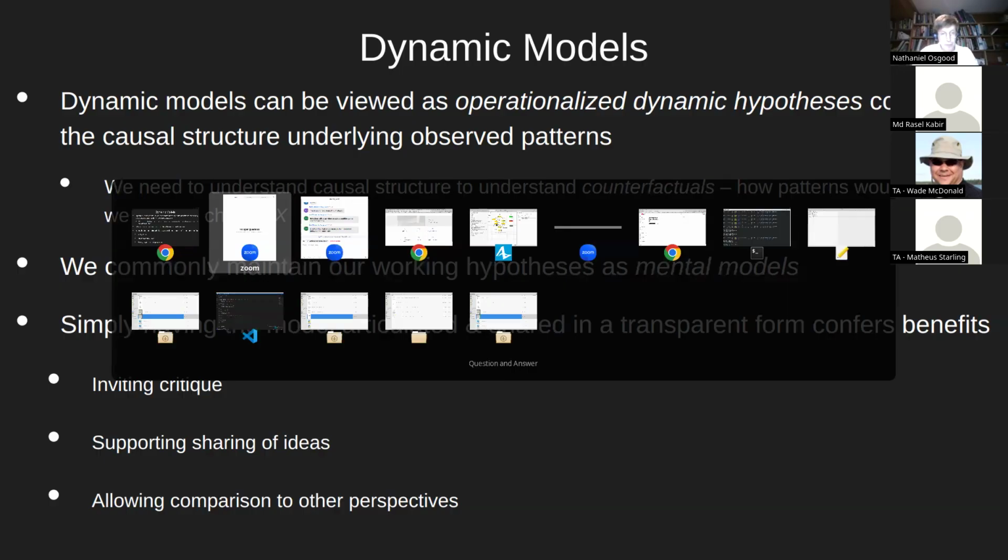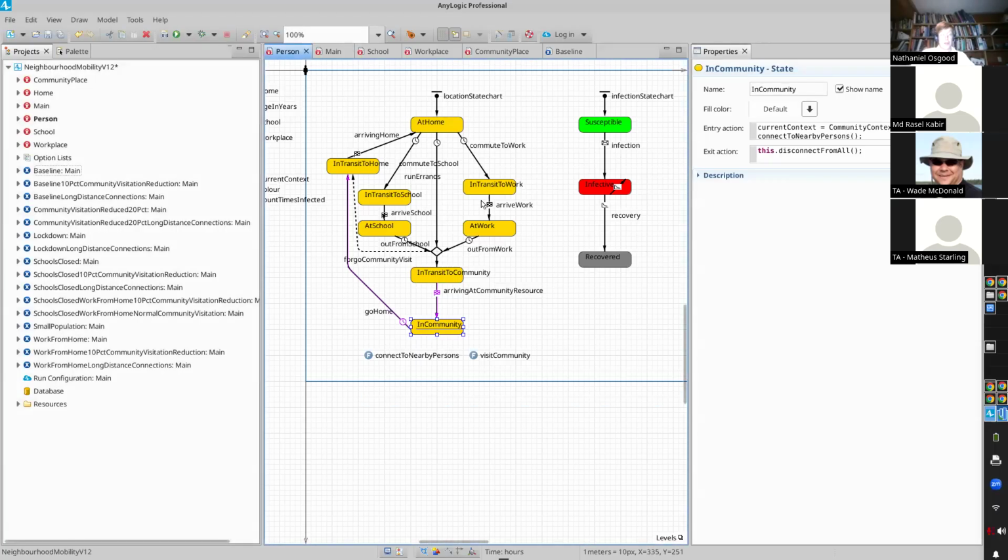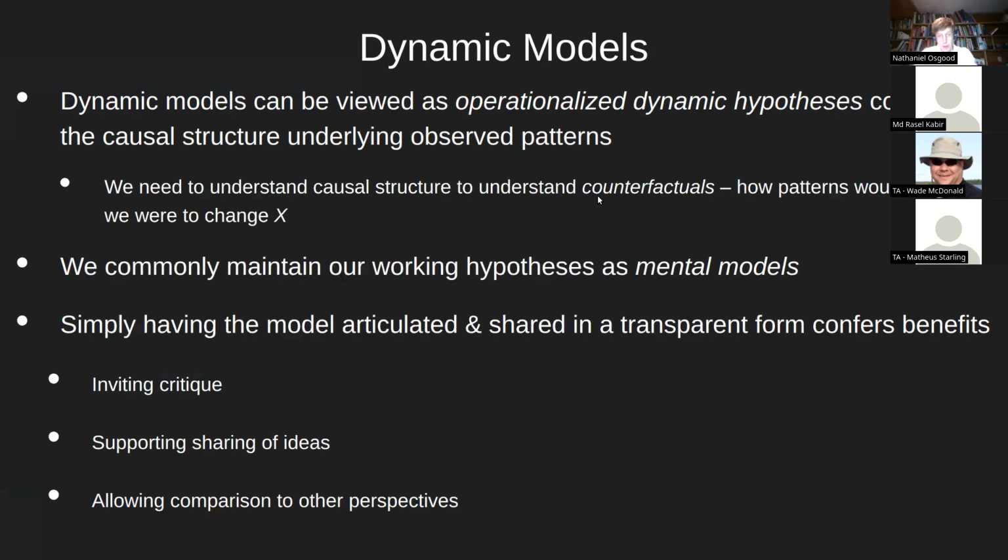Far from being explicit constructs which we can show to someone else and have them challenge us, to have them tell us, no, you need a long latent period, or you need to represent waning of immunity, or you need both asymptomatic and symptomatic infectives, or you need to capture that for some people they will not engage in recovery except through treatment. All those are really useful, and we can improve a model based on those. By showing it to them, we can get that feedback. If it's in our head, we cannot do that effectively, right? It's trapped.